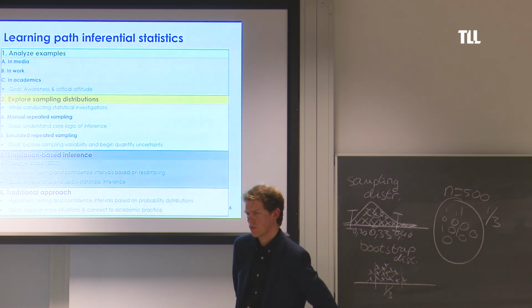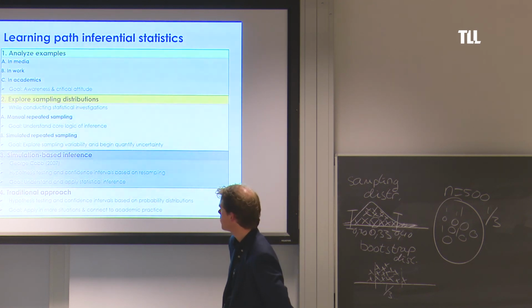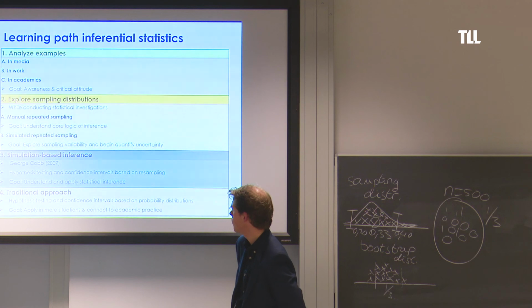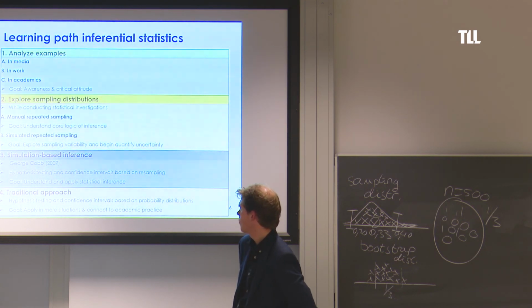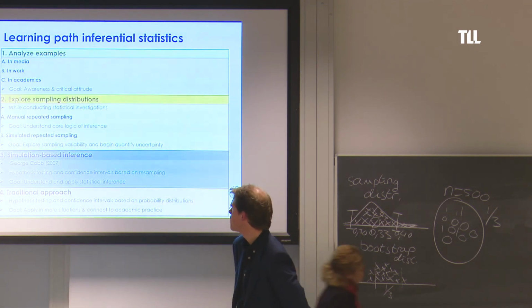I think that's the path you want to go, and exploring sampling distributions and the blue block, the third one, simulation-based inference, are very close together. I think they overlap. So maybe they shouldn't be two blocks, but maybe one block that is growing or changing to another color from informal to formal.